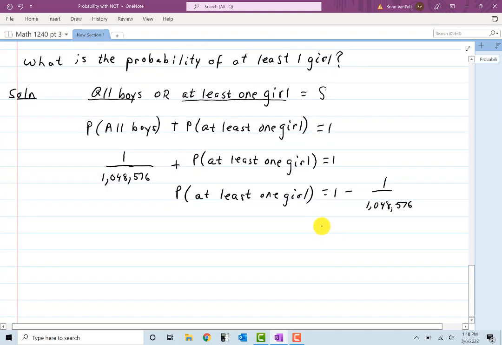So if you want it just as a simple fraction, then we'd have 1,048,575 over 1,048,576. I'm not going to bother with the calculator, but if you did it, it would be nearly 100%.